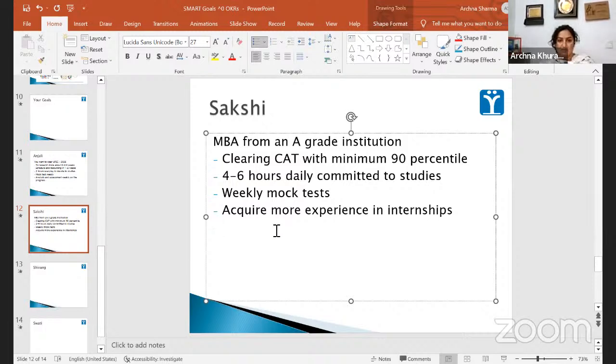But yes, confidence can increase when you go for interviews. You actually have more experience, because you have managed to do a lot of internships. Okay, that's a good thing to add. Weekly test हो गया, more or less good.